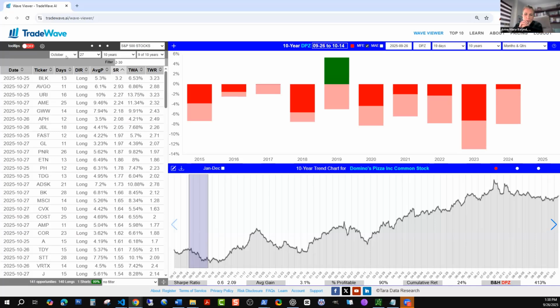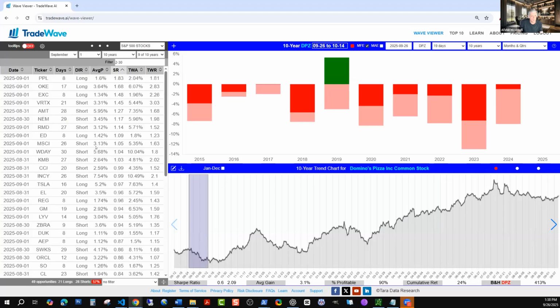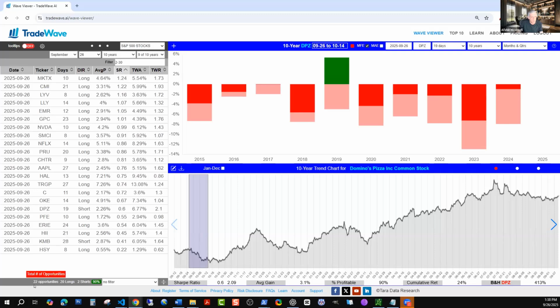Wow. Start October 27th. So look, 141 opportunities were detected, which are with high historical probabilities. But when I go to September 26th, which is today, although it's bullish, it drops to 22 opportunities. So it is bullish, but the number of opportunities are less. And that's for the next 30 days only.